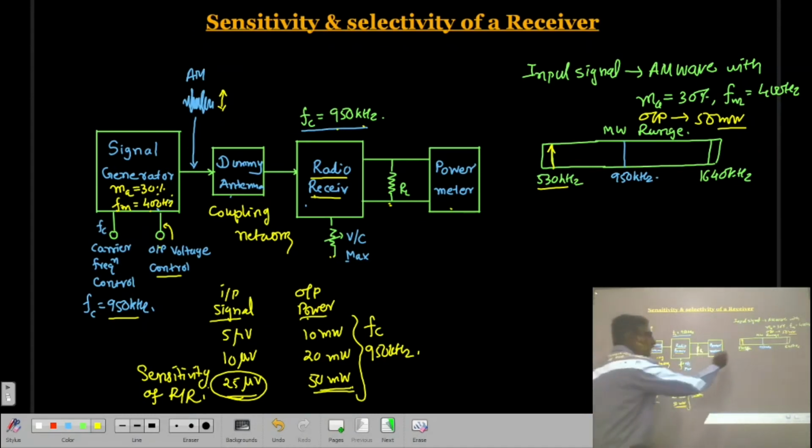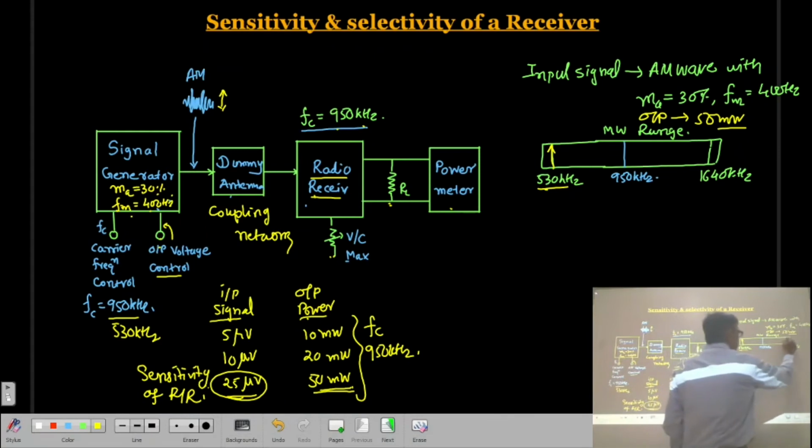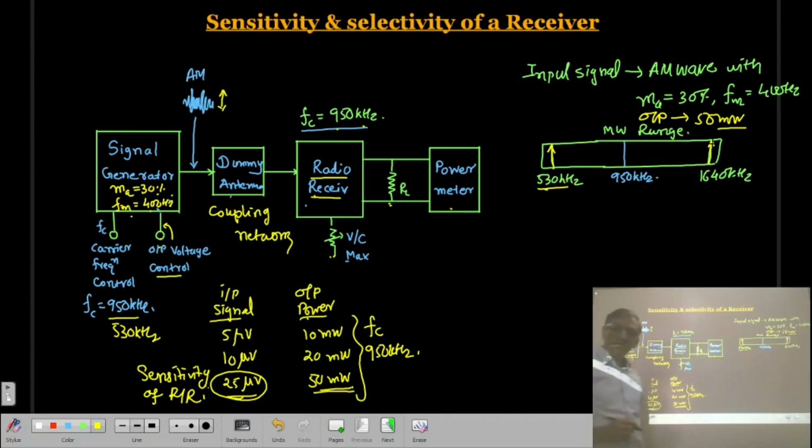When you tune your radio to 530 kilohertz, the signal generator carrier frequency has to be 530 kilohertz. Then again you change the amplitude of the input signal and measure the sensitivity. Then you tune the radio to the maximum frequency, that is 1640 kilohertz. Set the signal generator frequency to 1640 kilohertz and measure the sensitivity.